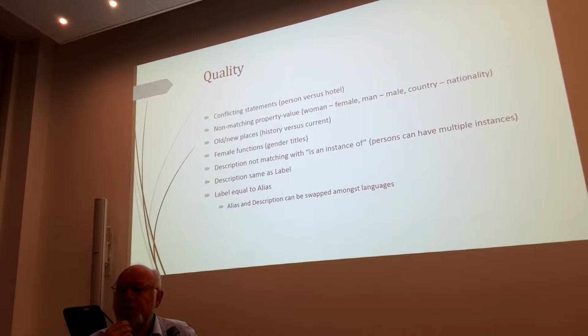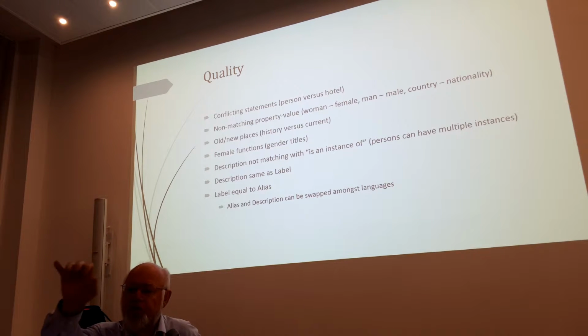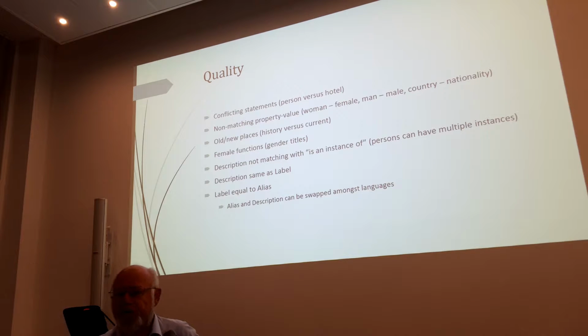But it's only one item, because we should use the property female but names of this occupation. I mean in the description, like Belgian actress, for example. Okay, sorry for the confusion, I understand.